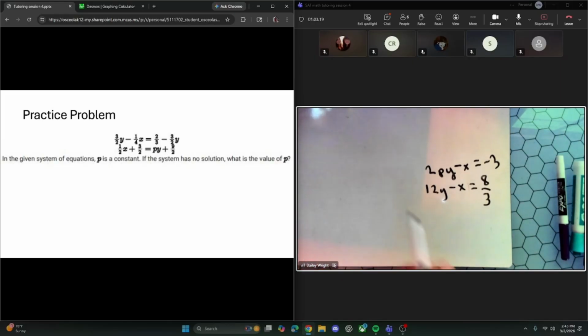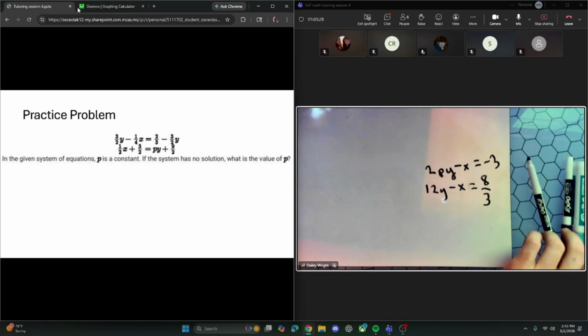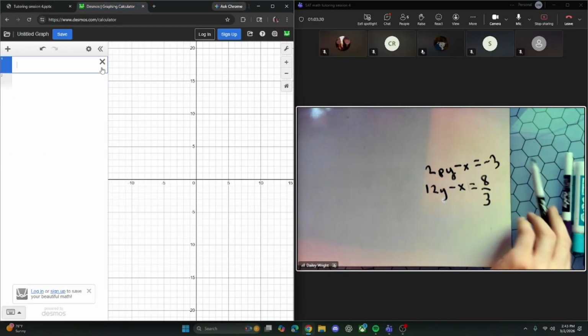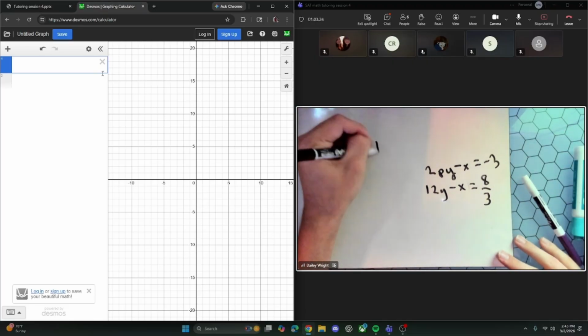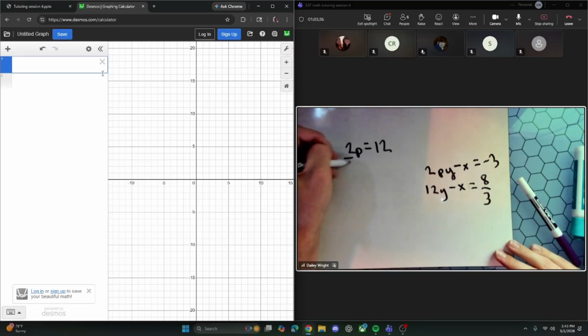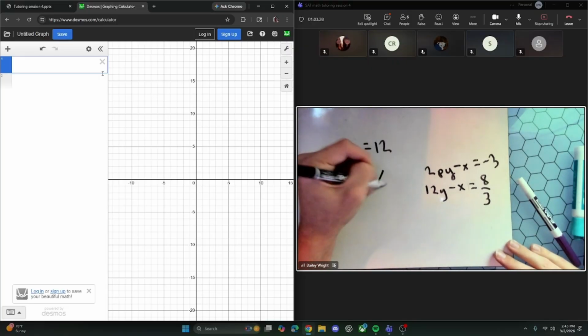So now that we have them in the same order, we want both the coefficients of x and y to be equal. So that 2p is going to be equal to 12. We could throw this in Desmos, or we could just find p by doing the work. You just divide by 2, p equals 6.